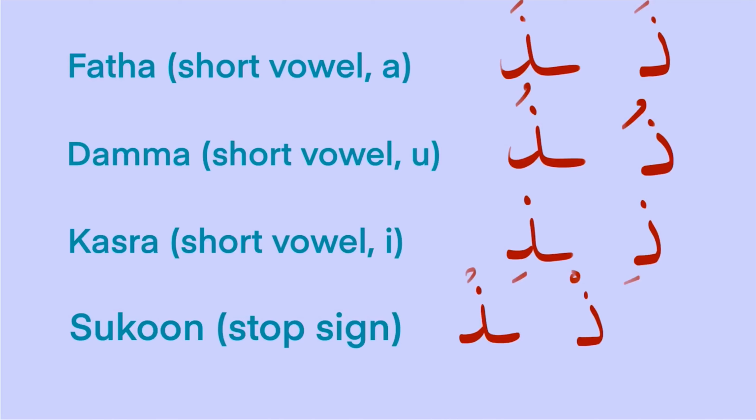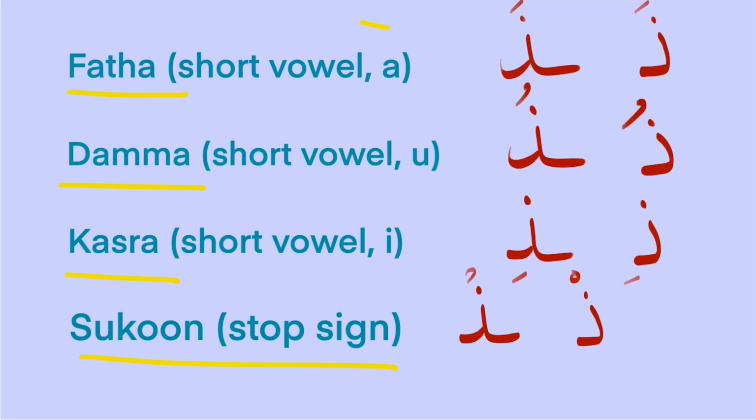Here we see the short vowels list: fatha, dhamma, kasra, sukoon or stop sign. Try to challenge yourself ahead of the session and figure out how the THAL letter might look with the addition of any of the short vowels and what the pronunciation may be like.